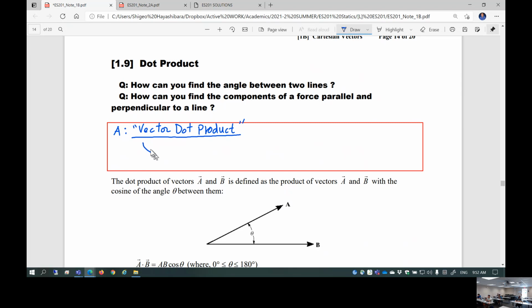Do you know the alternative name? This is called scalar product. You know why? That's right, because the result you will get will be a scalar result. That's why this is called scalar product of vectors.